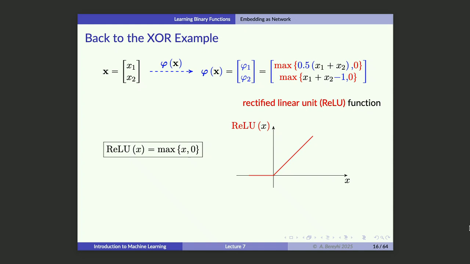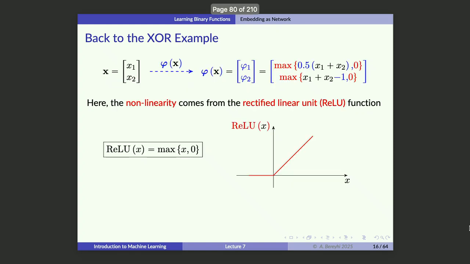This is what we call the rectified linear unit, the ReLU function. This is the most basic nonlinear transform you can think of. The nonlinearity comes basically from that ReLU function here. Everybody's cool? So the feature we computed in the XOR example was indeed nonlinear.